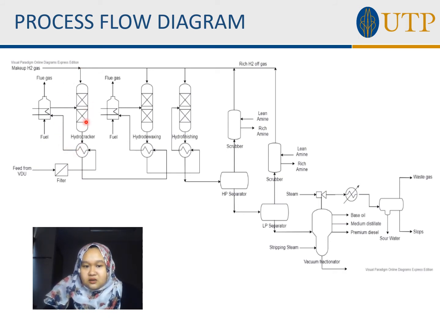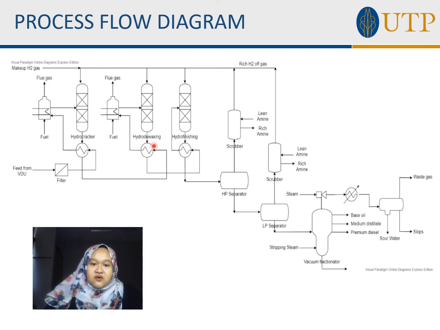After the hydrocracker, it will go to hydro-dewaxing. Hydro-dewaxing is actually to change the n-paraffin to isoparaffin. In other words, it will isomerize the feed. This is because we want to decrease the pour point.